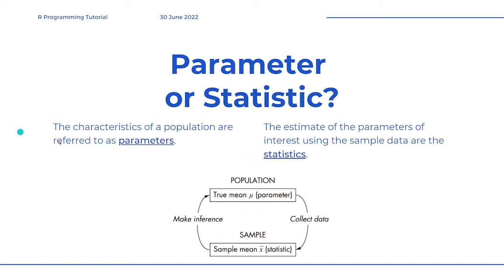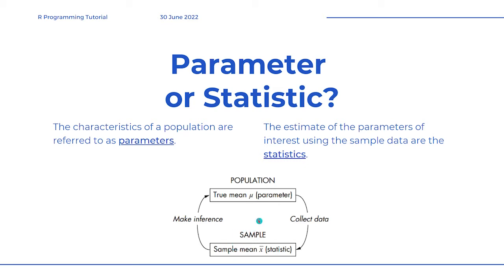So the mean, mu, is a parameter: the mean of a measure for the individuals in the population is the parameter, while the mean, x-bar, of a sample of individuals taken from the population is the statistic.